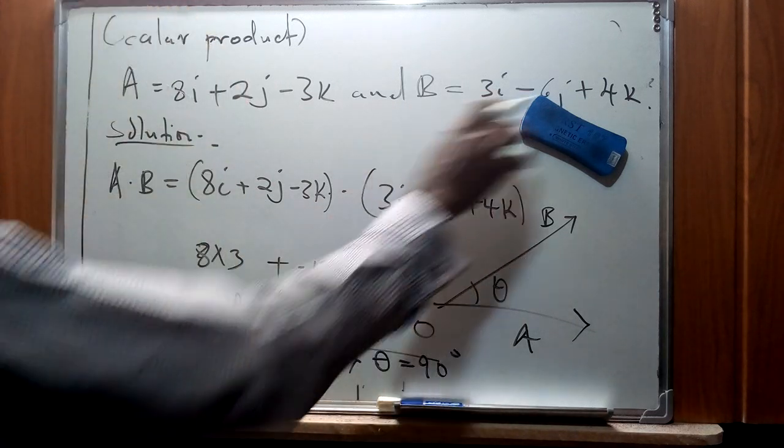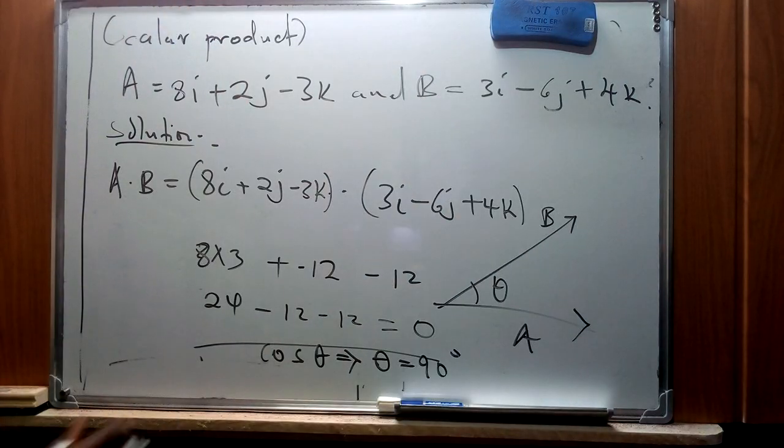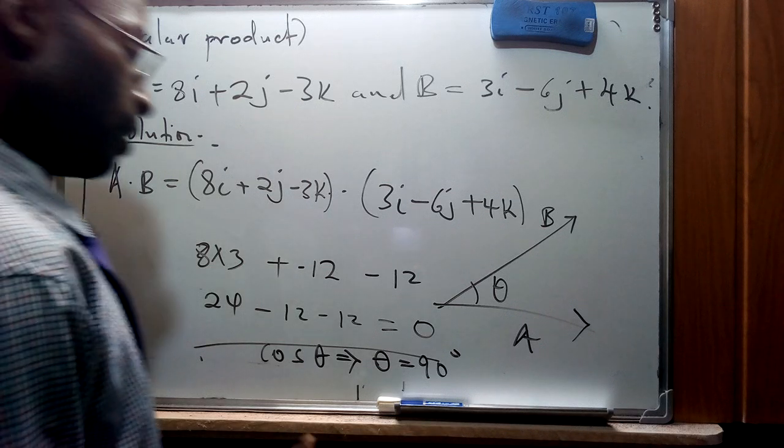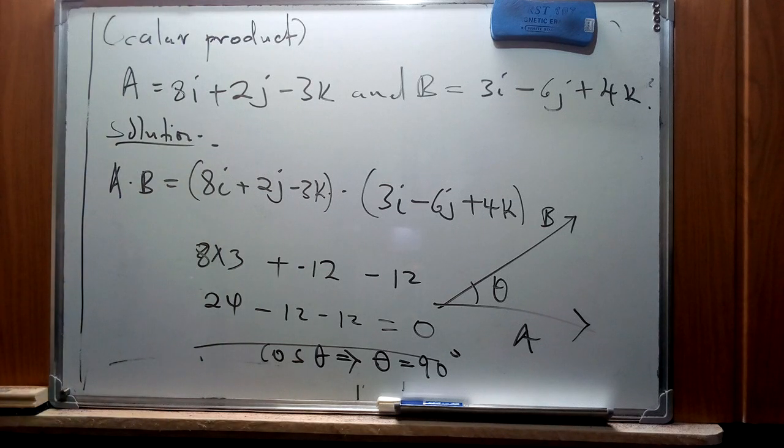From the illustration we gave for the cross product of the unit vectors, we said that the angle between k and j is equal to 90 degrees.